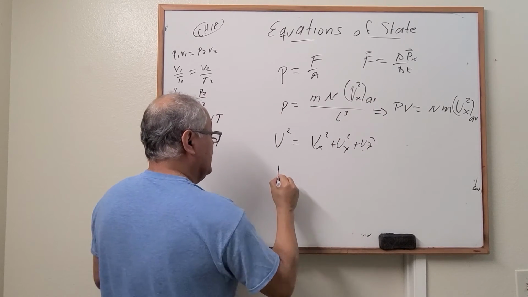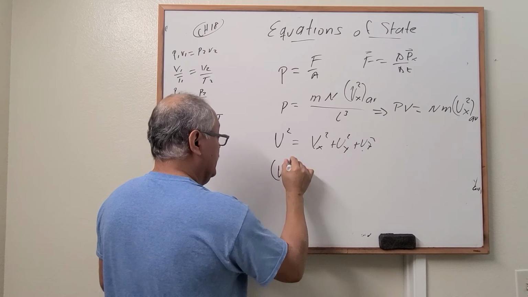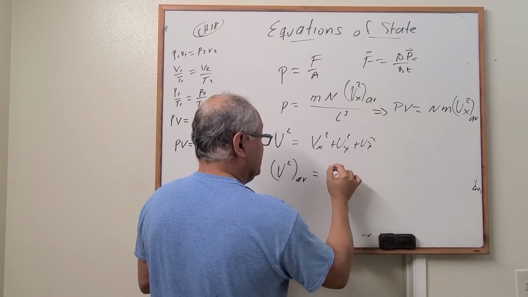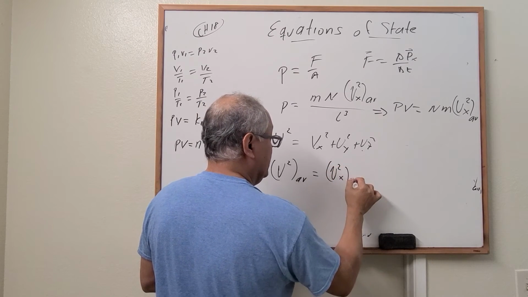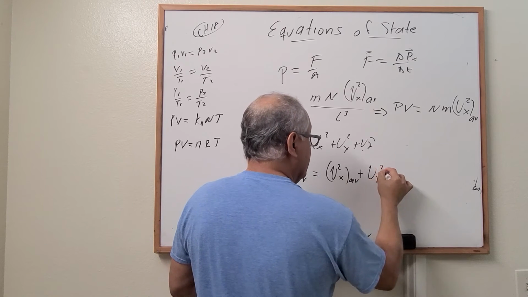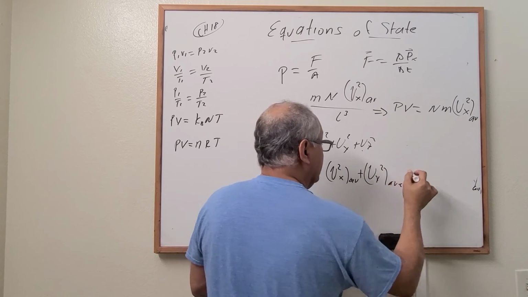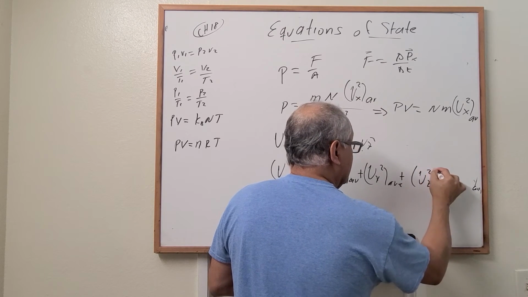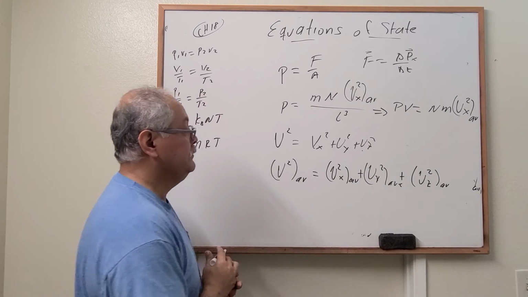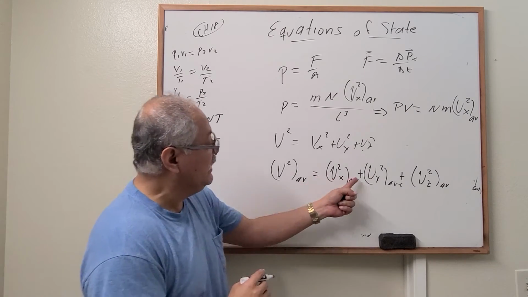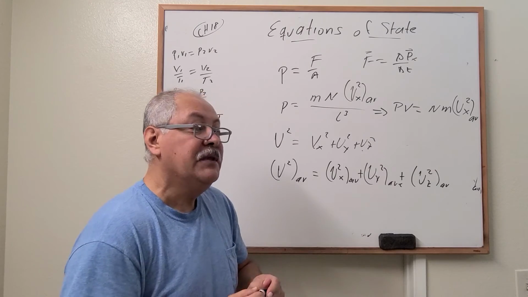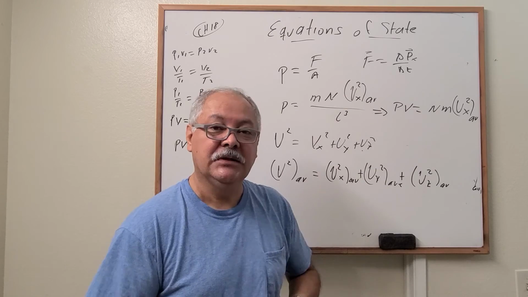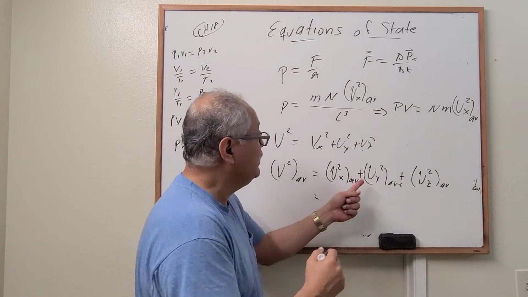So the average of v squared is equal to the average of vx squared plus the average of vy squared plus the average of vz squared. But the particle has the same probability of velocity in the x and y directions, so we can say that these are the same.